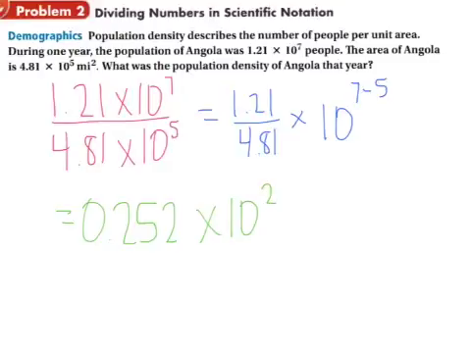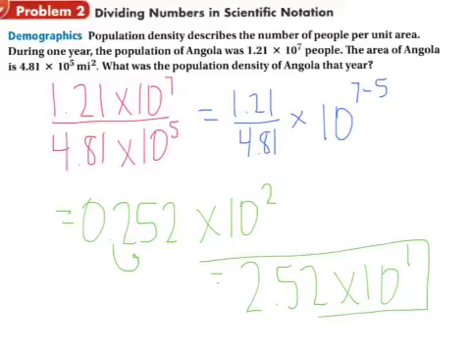Because I have to put my final answer in proper scientific notation, I would have 2.52 times 10 to the 1 power. Now press pause on the video and go to Nearpod to complete Got It question number 2.